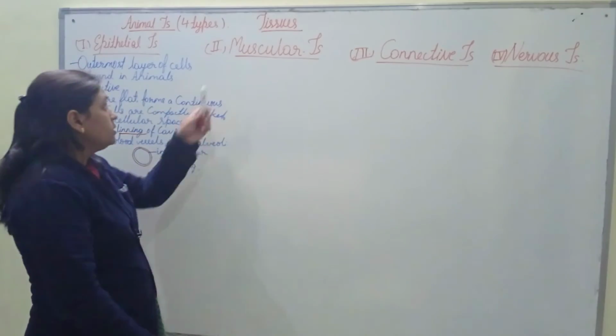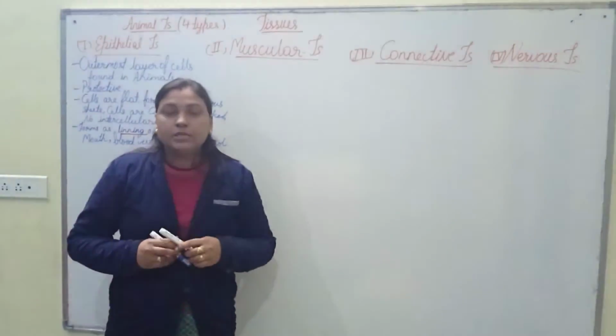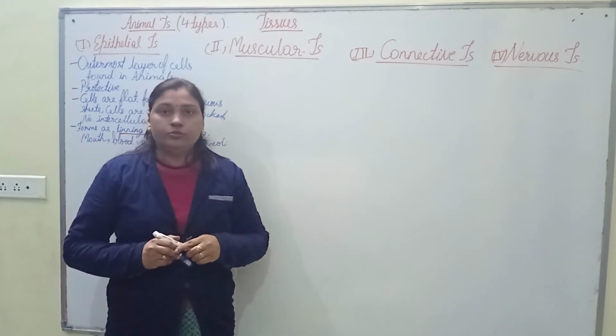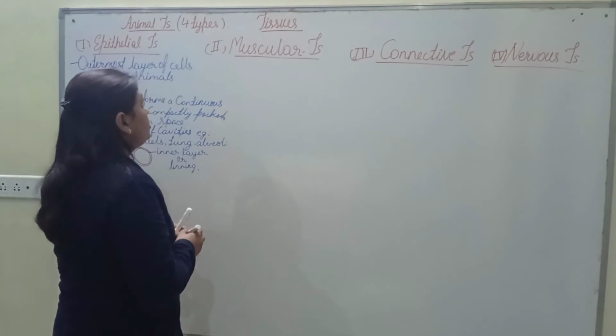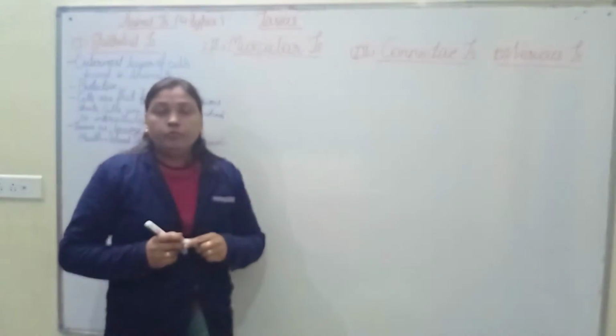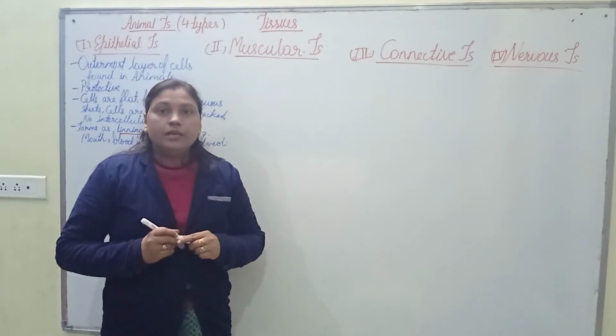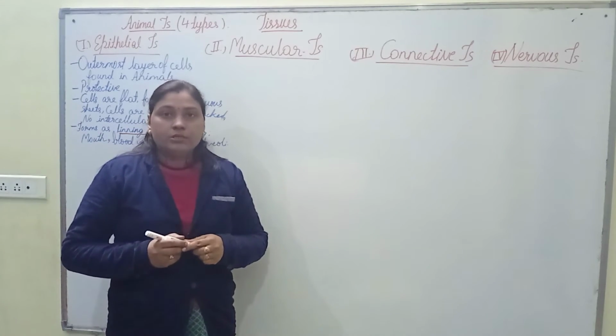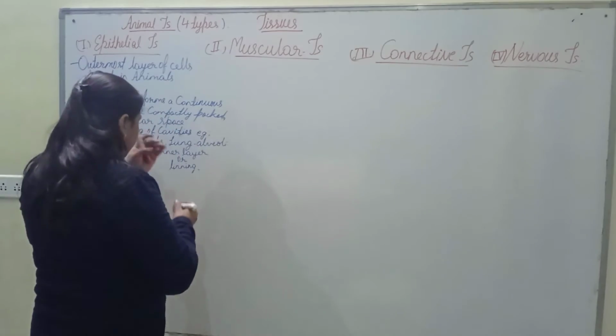Now moving to the muscular tissue. The cells or tissues that are found inside the muscles are called muscular tissues. The cells of muscular tissues are elongated in size, so we can also say muscle fibers.